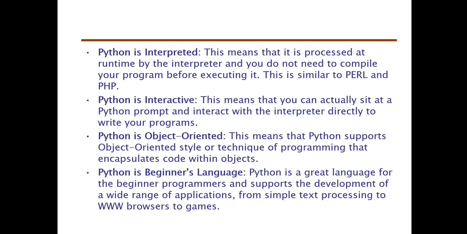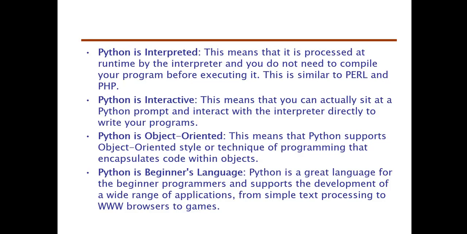In the next slide, Python is interpreted, interactive, object-oriented, and a beginner language. Interpreted means that it is processed at runtime by the interpreter and you don't need to compile your program before executing it.